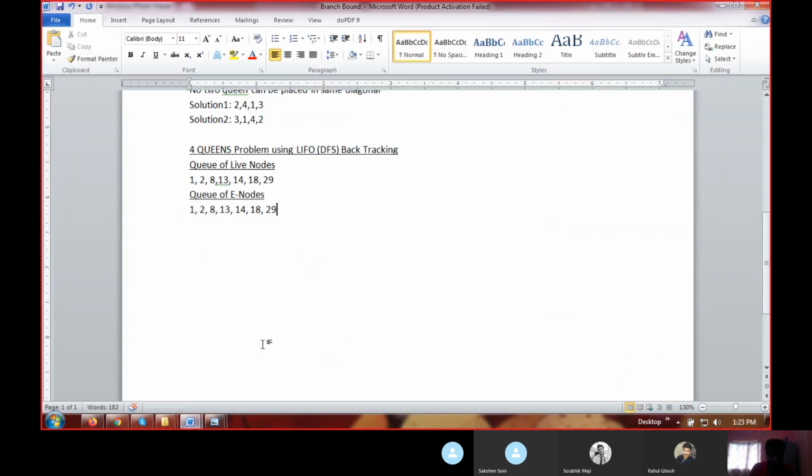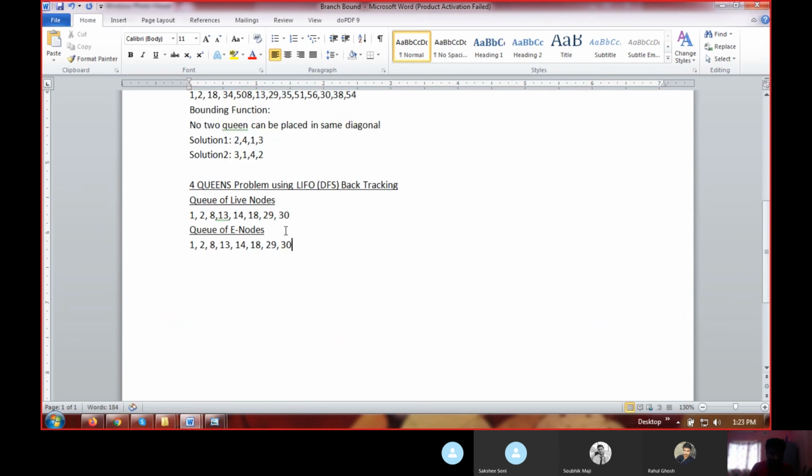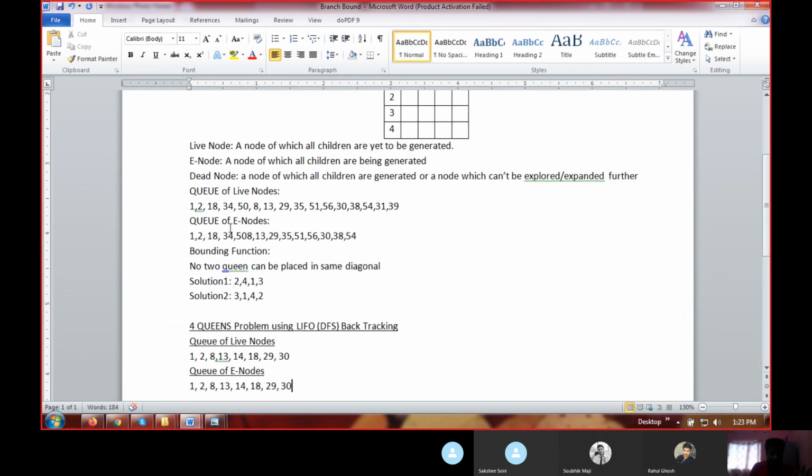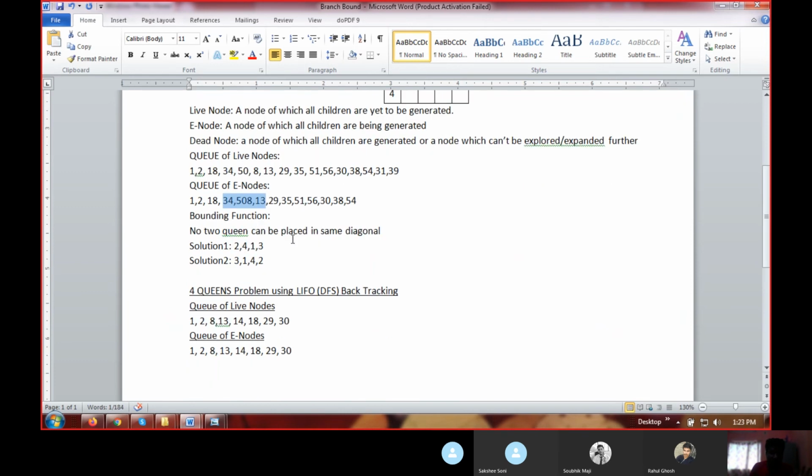So as 30 is generated, 30 becomes the next live node, and 30 also becomes the next E-node. So you can see the live nodes and E-nodes queue are going parallel to each other, while these were not parallel in the case of BFS branch and bound.